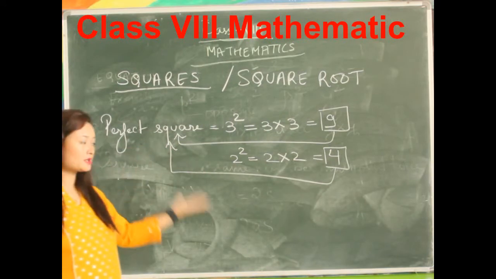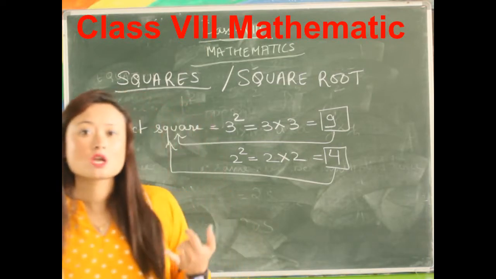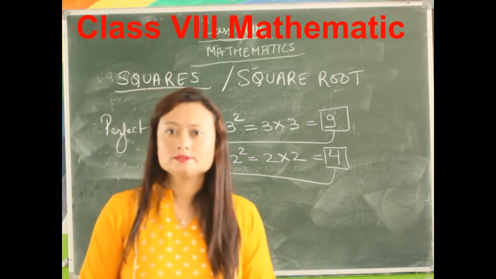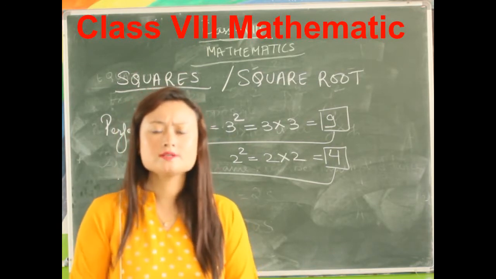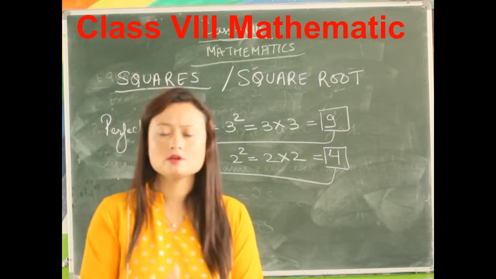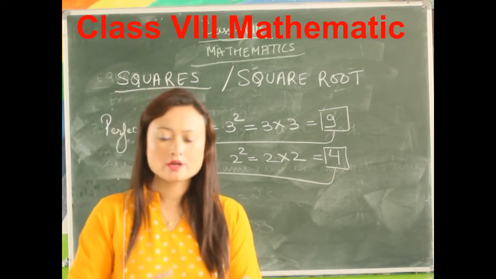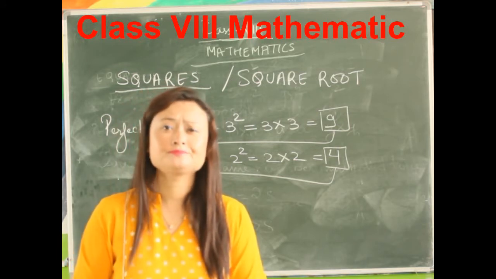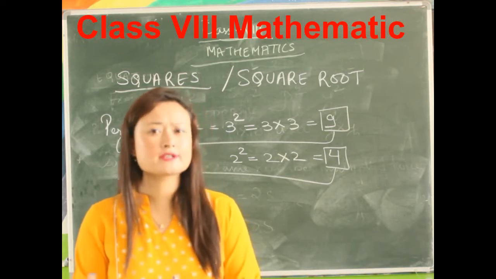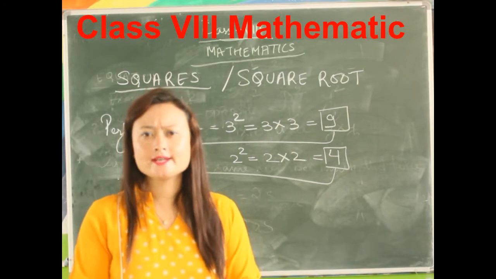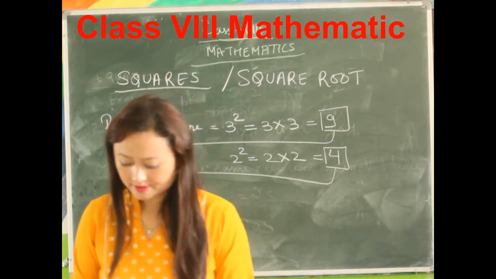Other examples of perfect squares: the same number multiplied twice. 1 into 1 is 1, 2 into 2 is 4. So 1, 4, 9, 16, 25, 36, 49, 81, 100. All these are perfect squares.